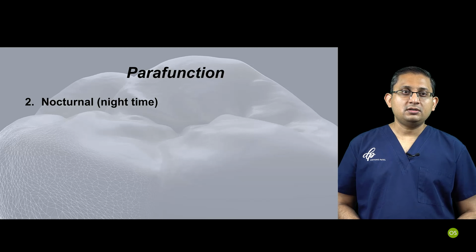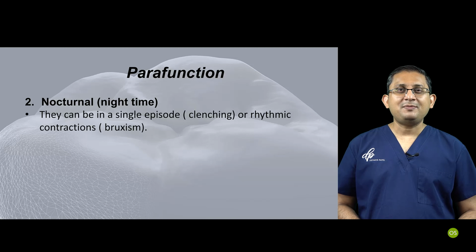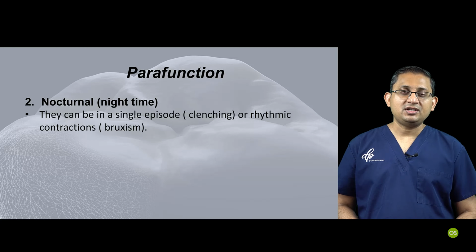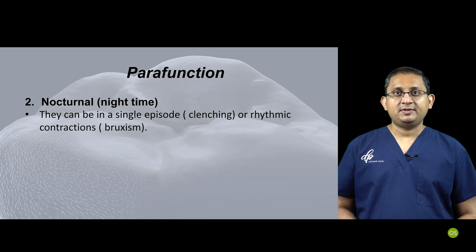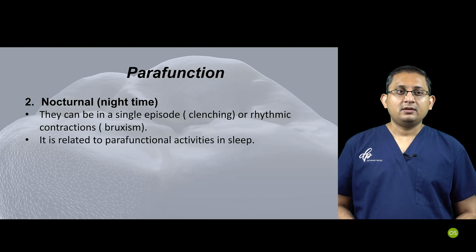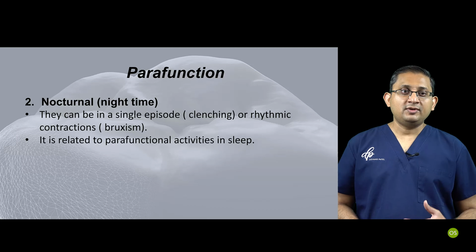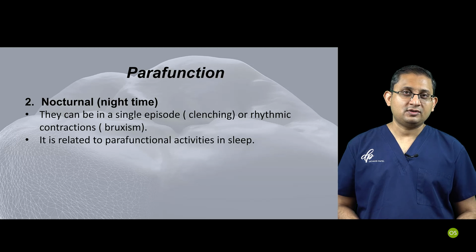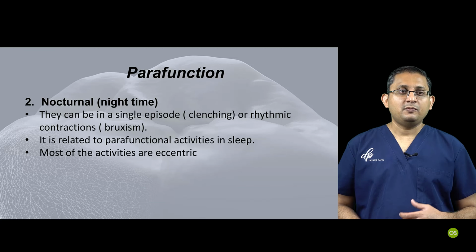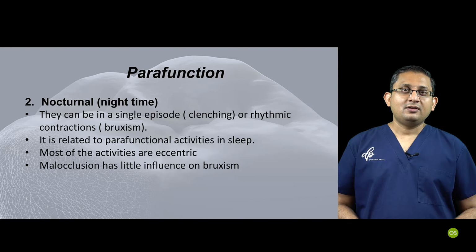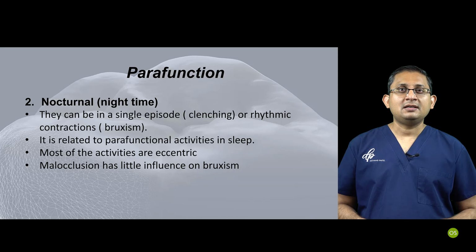So nocturnal grinding, it can be a single episode such as clenching or rhythmic episode, which is bruxism. It is related to parafunctional activity in sleep because it's nocturnal, patient sleeping. Most of the activity is eccentric, as we discussed previously. What we understood from the different research is malocclusion has got little to do with the bruxism.